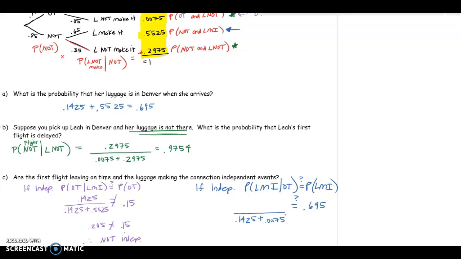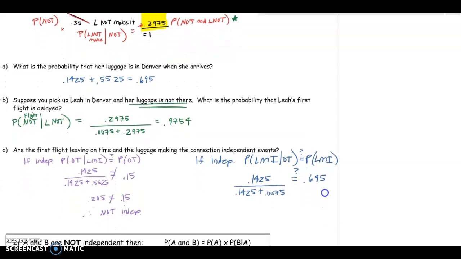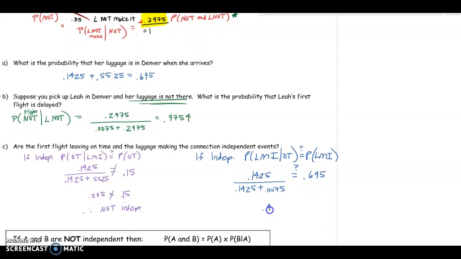And then what's the probability that on top, the luggage makes it and her flight is on time? So out of those two numbers, the 0.1425 would be chosen. And we can see that 0.95 is not equal to 0.695, which means, again, they are not independent. And you only have to show one side of the argument. You do not have to show both.